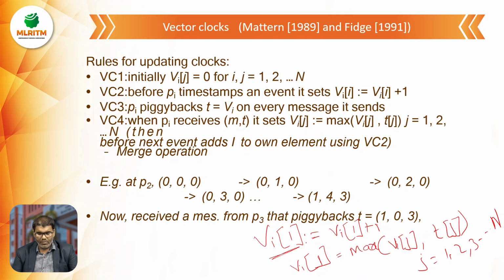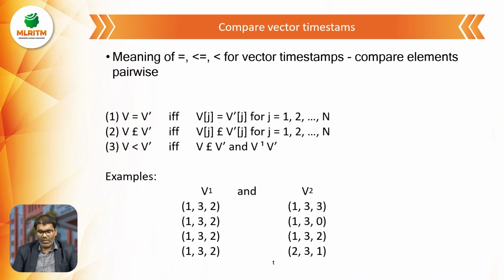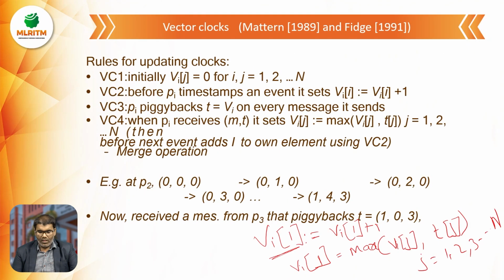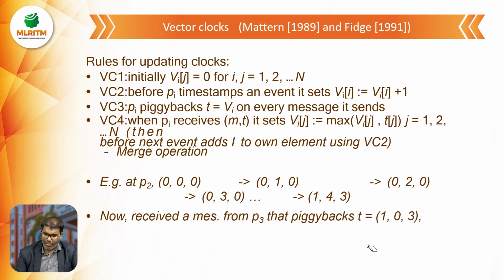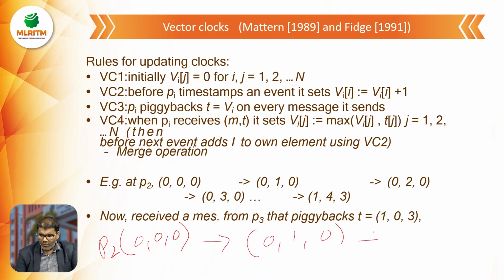We'll see in the diagram. Like this, you are sending the message. Here process P2: 0, 0 turns to 0, 1, 0, meaning message sending 0 comma 2 comma 0.